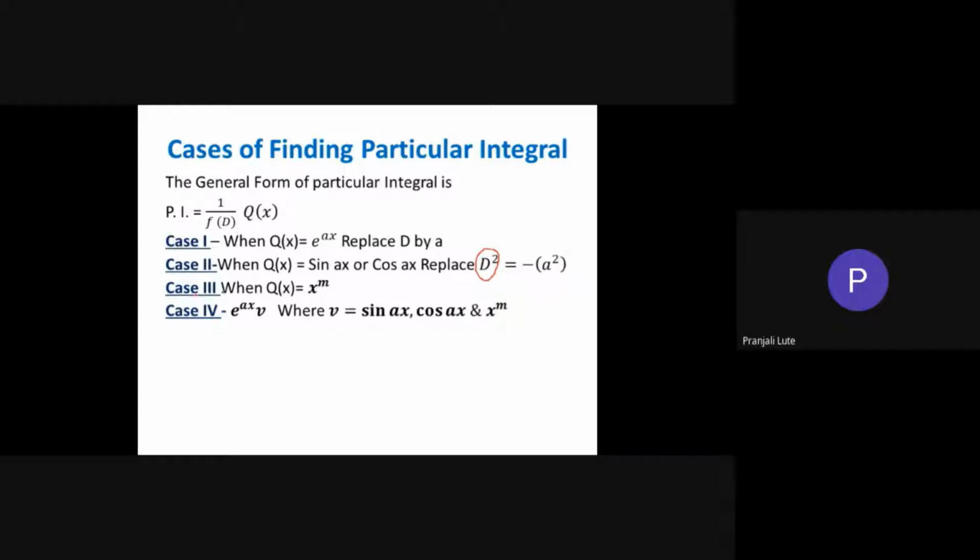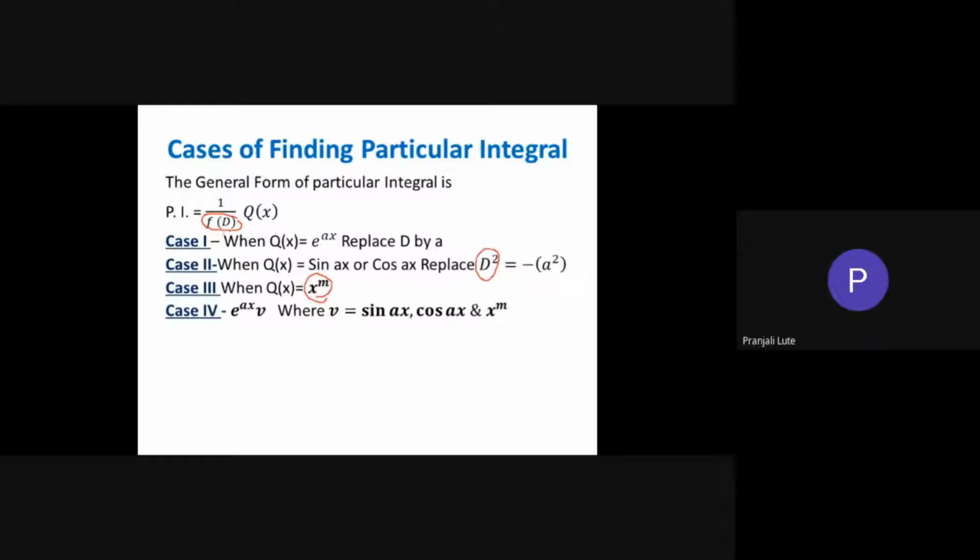Then the third case is when Q of x, the right hand side of that differential equation, is x raised to power m. Then we have to convert the denominator in the form of 1 plus x or 1 minus x inverse by taking the lowest degree term common.